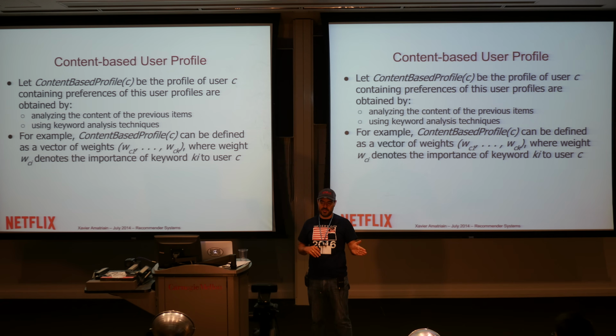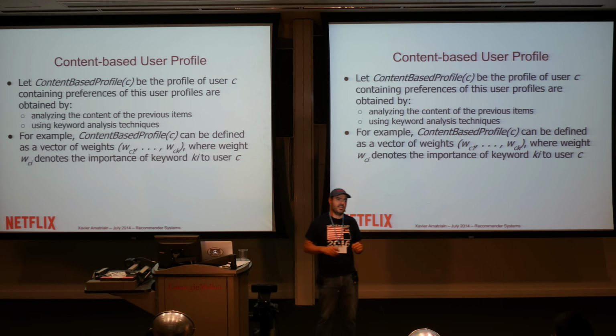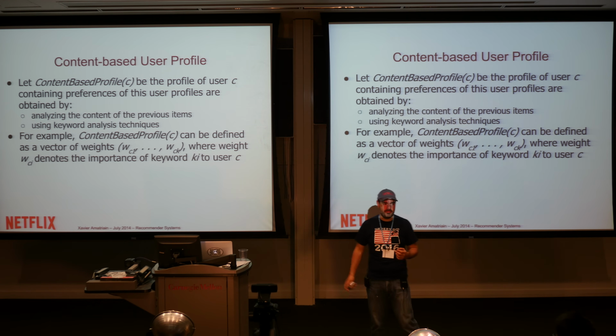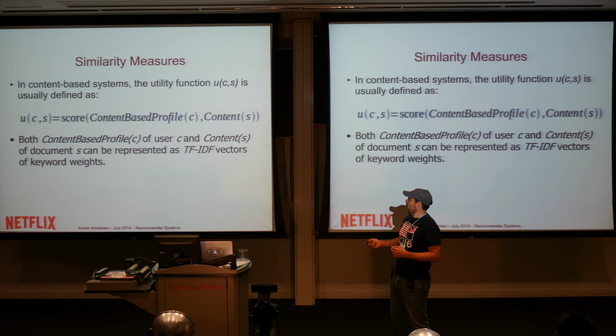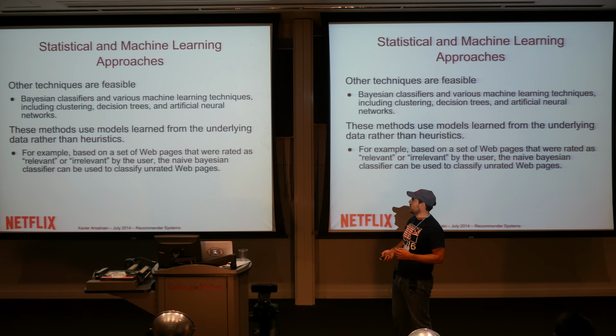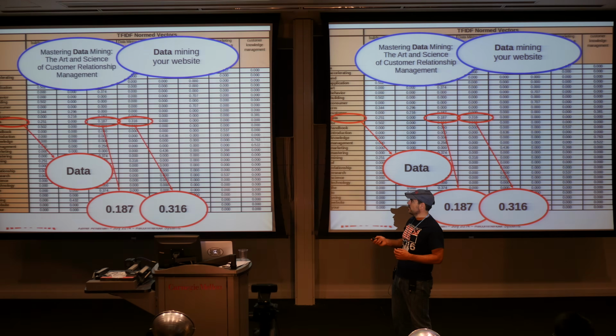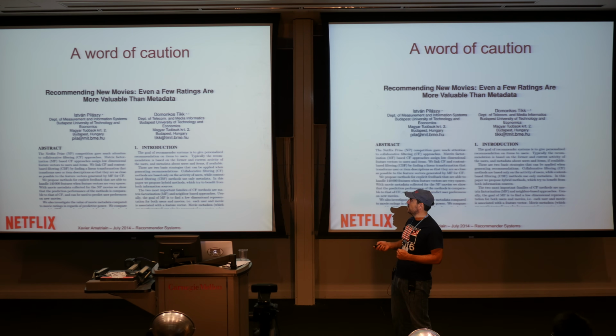Build your feature space, represent your items in that feature space, represent the users in that feature space, just the same, and find the similarity function between the user and the item in that feature space. Okay, and one of them is the cosine similarity. So I had an example here, but you'll be able to see it in the slides.